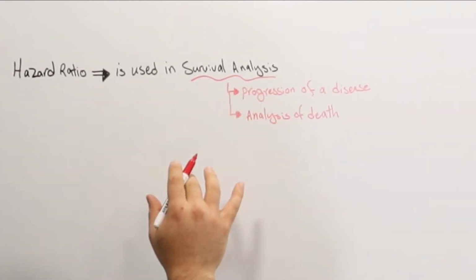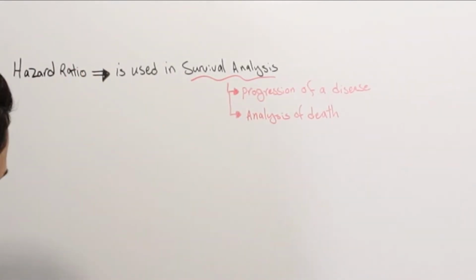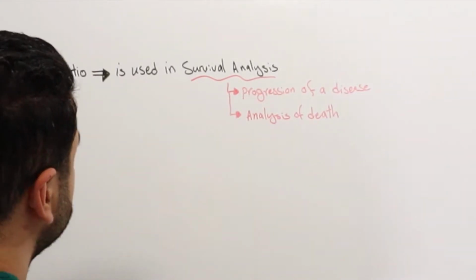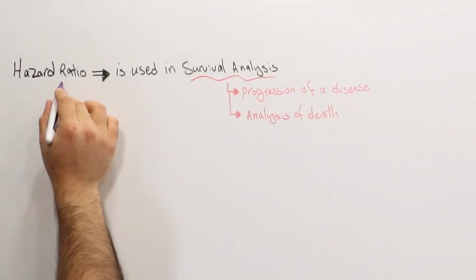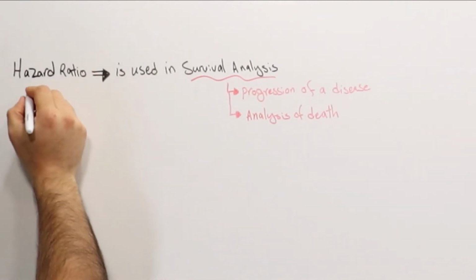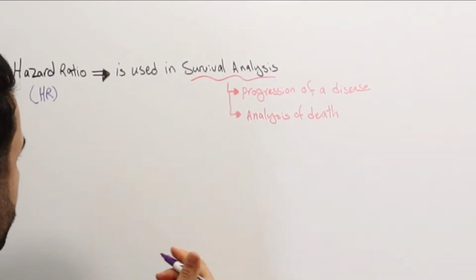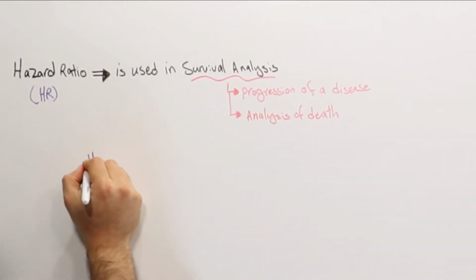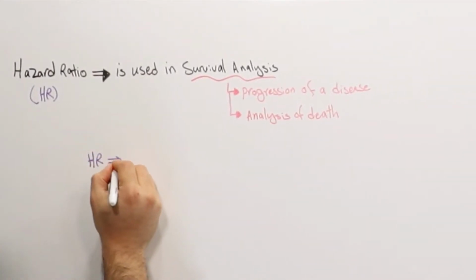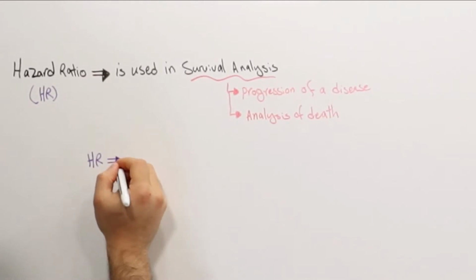So from here, the way we calculate hazard ratio, I'm just going to refer to hazard ratio as HR. The way hazard ratio is calculated is basically through hazard rate.